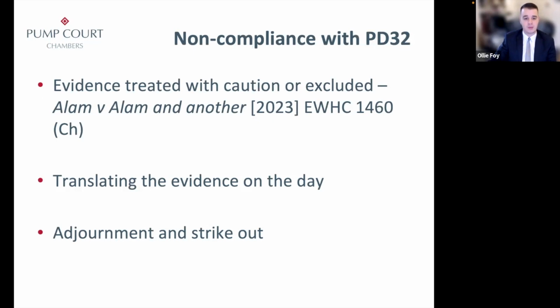Alam v Alam is a case where everything that could go wrong seemed to go wrong. And what happened was as follows. A witness statement was filed in Urdu with an English translation. During cross-examination, it became clear that the witness did not speak, read, or understand Urdu.